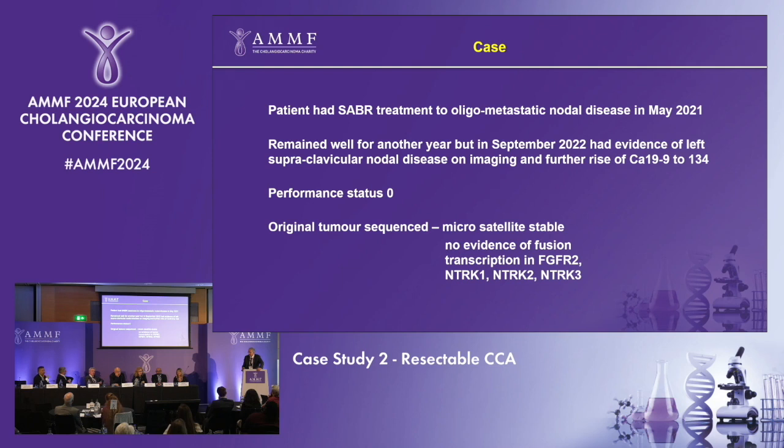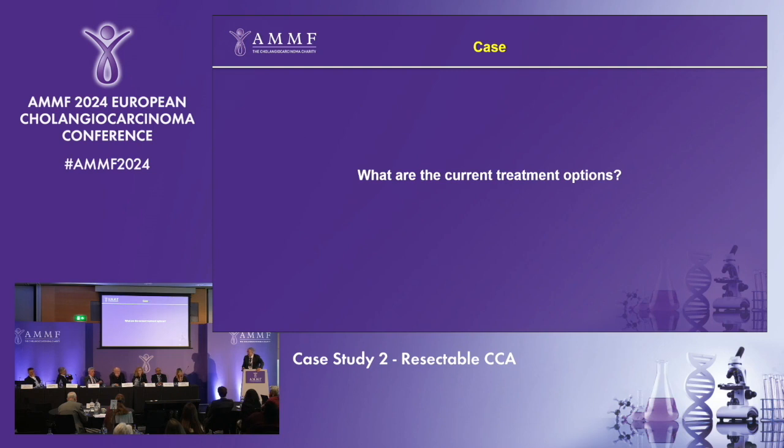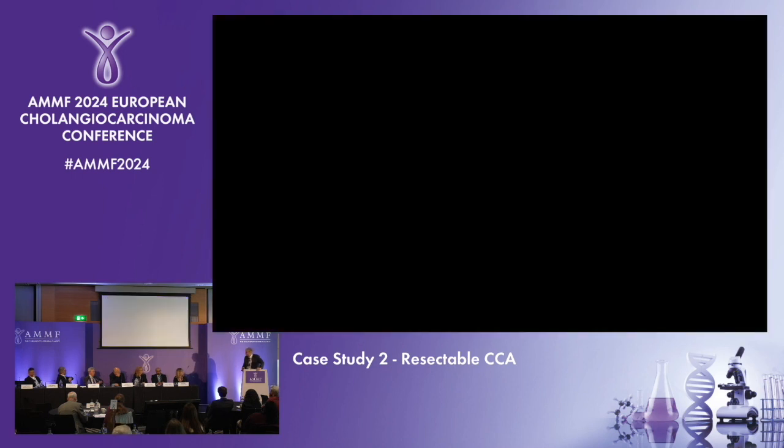But anyway, it's another year, so maybe we consider again a local regional treatment, but it's this second progression, CA19-9 increases up to 134, so probably we would consider a systemic therapy. But as I said, I would like to see the complete molecular profiling. This is again based on the pathology report where I could only access some of this stuff. So that's where we're at. We've come to the end of that case, so it's all systemic therapy. But that's it. Thank you.